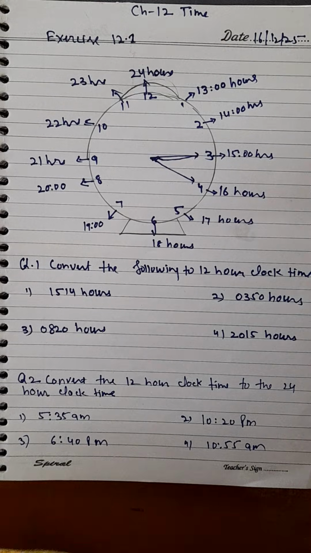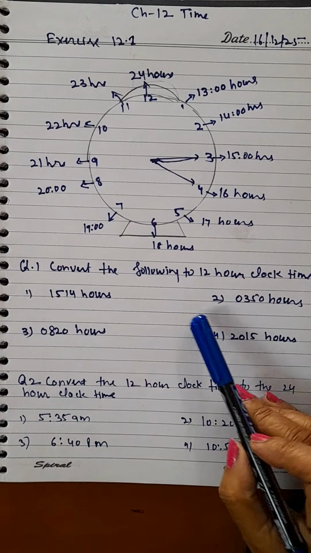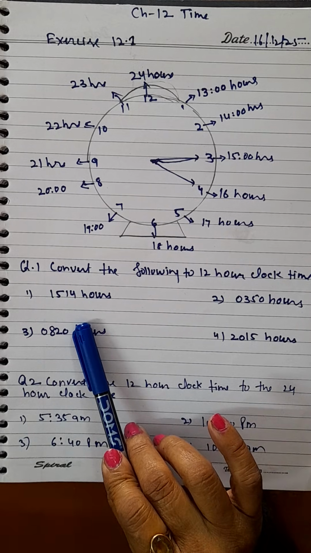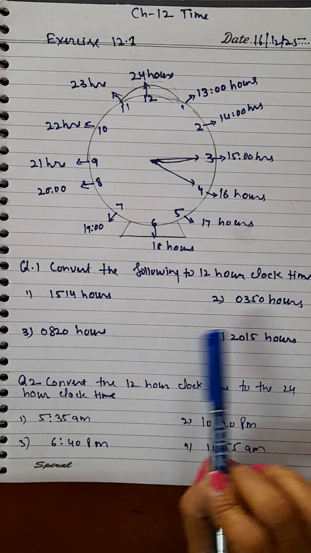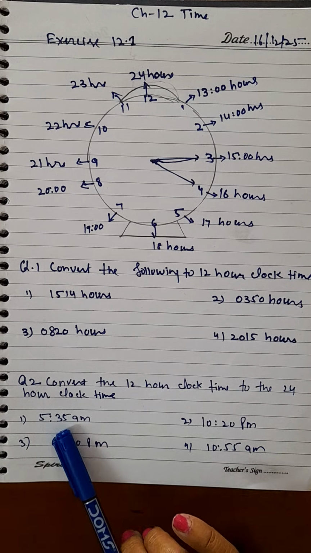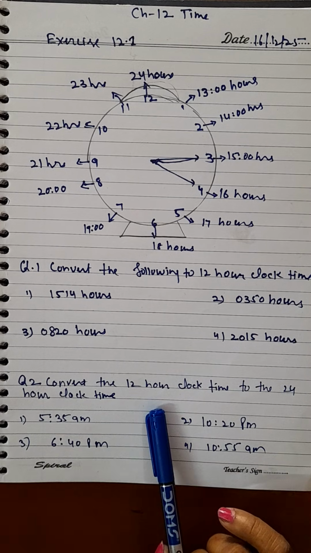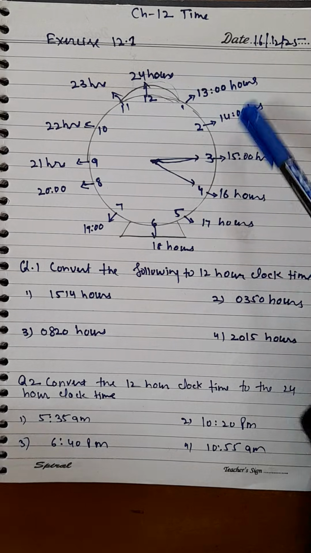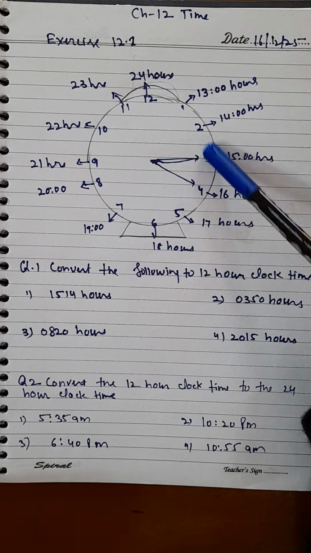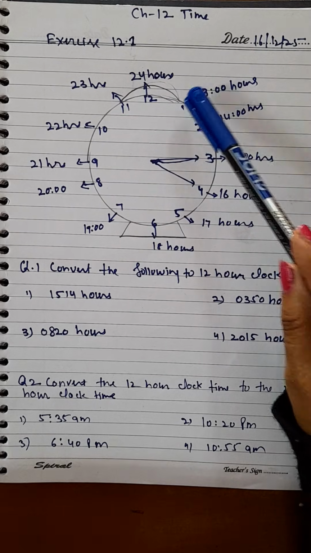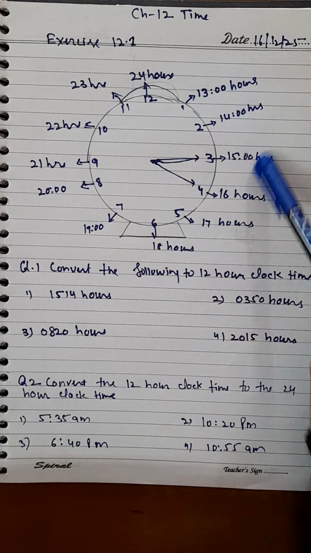Here we have to convert time. In the first question we have to convert 24-hour clock time into 12-hour clock time, and in the second question we have to convert 12-hour clock time into 24-hour clock time. So here a clock is given. As you can see, this is the time given in the 12-hour clock, and this is the time given in the 24-hour clock.